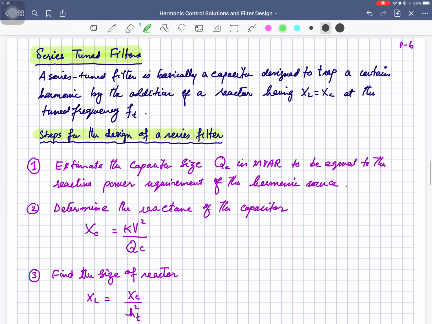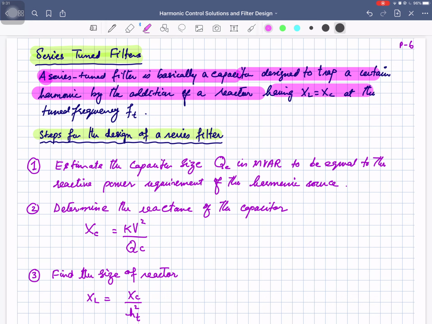Okay, now let us discuss the steps which are used to design the filter. So first of all, I am going to discuss a series tuned filter. It is basically a filter consisting of a capacitor in series with the inductor, which is used to trap a certain harmonic by the addition of the reactor, such that at the harmonic which needs to be filtered, your XL is equal to XC, and the frequency of the harmonic is called the tuned frequency FT, that is being bypassed, that is being eliminated.